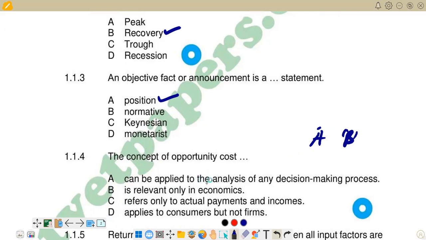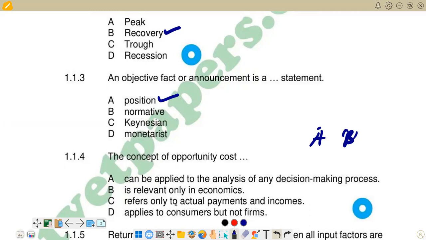So let's see, according to the responses that we are given there, A is saying it can be applied to the analysis of any decision-making process, which is true. If you look at B, it is relevant only in economics, which is not true. Opportunity cost can be applied in every situation. We cannot confine it to economics only.